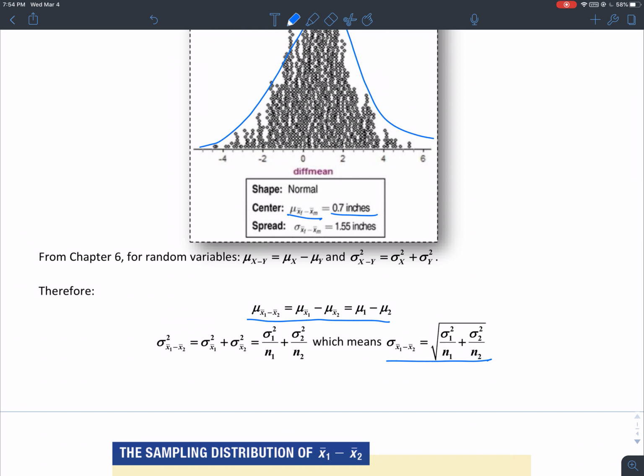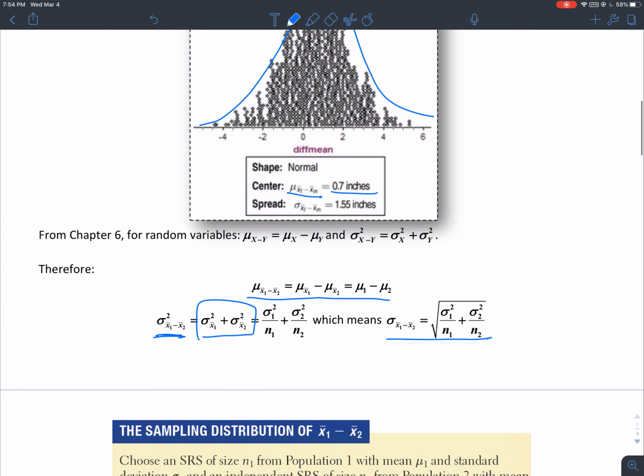Okay, which remember, when we subtract random variables to find the standard deviation, you actually add their variances. So we had a long conversation about this in chapter 6. And so, in any case, this is what we get. We've done this before. I don't want to really belabor this too much.